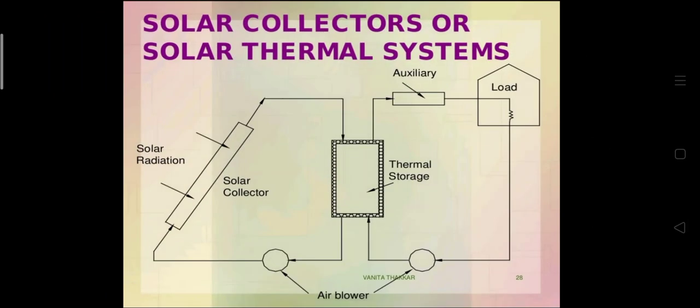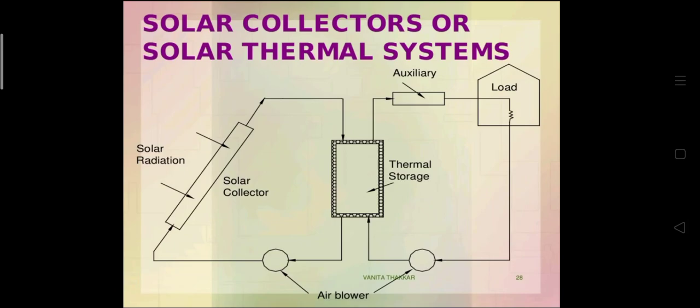Now another use of solar energy: solar collectors or solar thermal systems. Here this solar thermal system contains solar radiation. A solar collector is arranged on the left side, and that solar collector is connected to a thermal storage and air blowers, and this thermal storage is connected to auxiliary and load resistance.